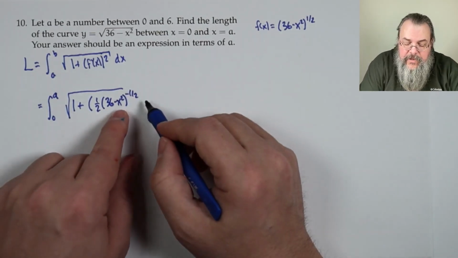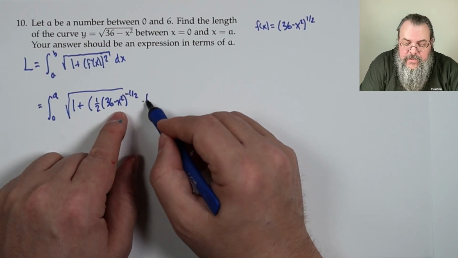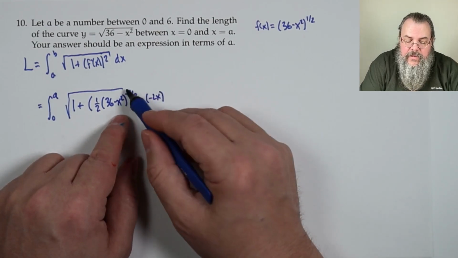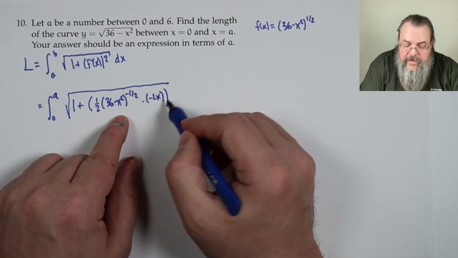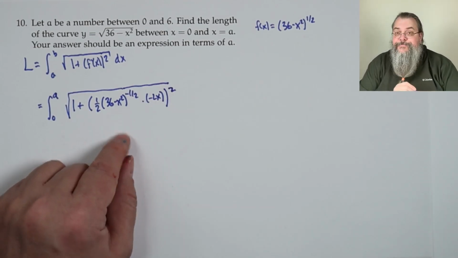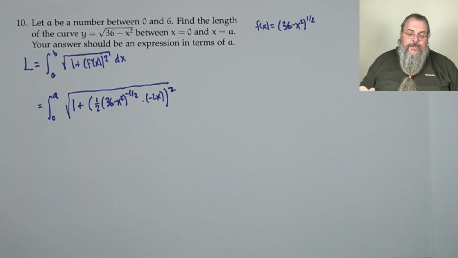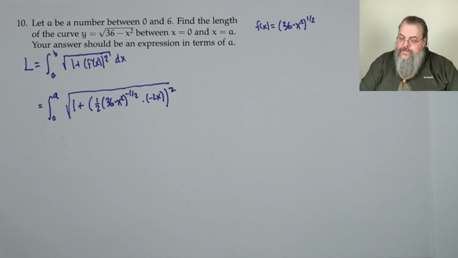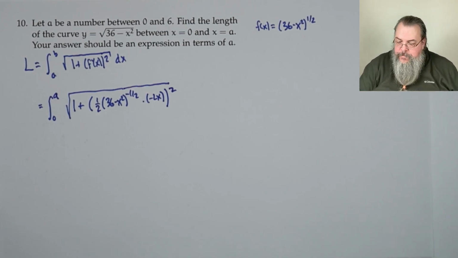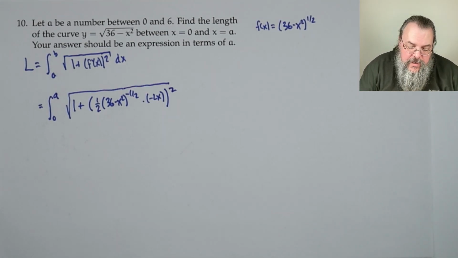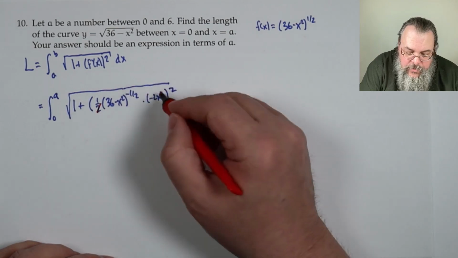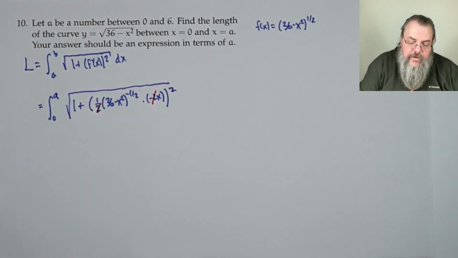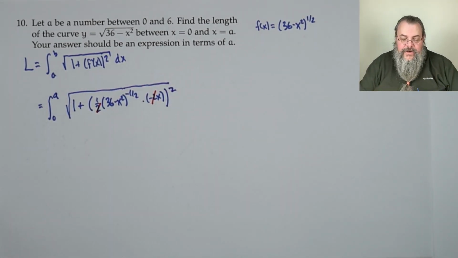And now times the derivative of the inside, which is negative 2x. And that is going to be squared. Okay. Whew. Well, what's going to happen? A couple of things will happen. The good news is the 2's cancel. The minus won't matter.